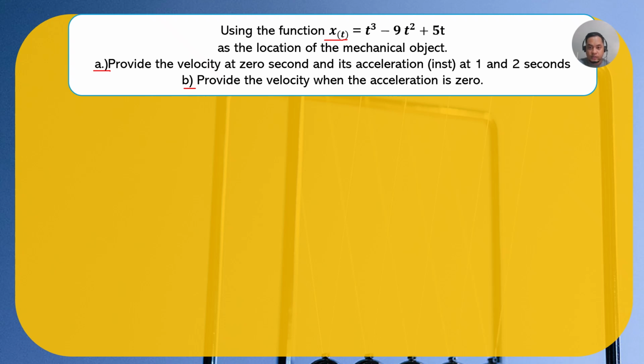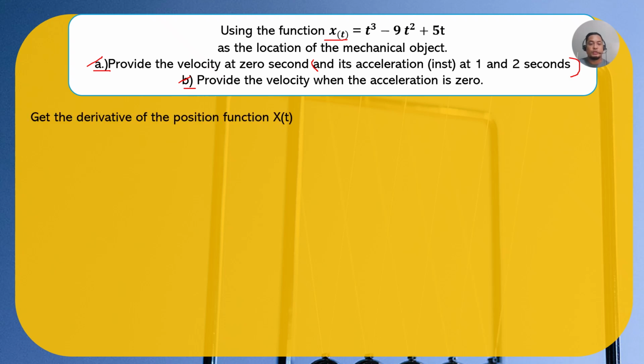I forgot that there is also a part where we need to solve the instantaneous acceleration at 1 and 2 seconds, but we will focus on the velocity at 0 second and the velocity when the acceleration is zero.